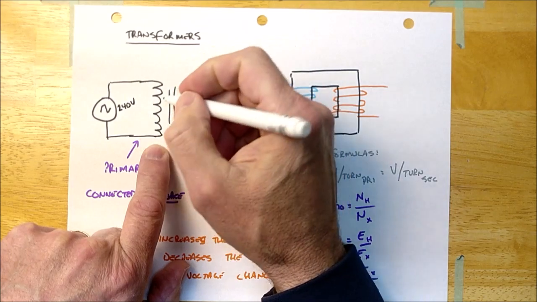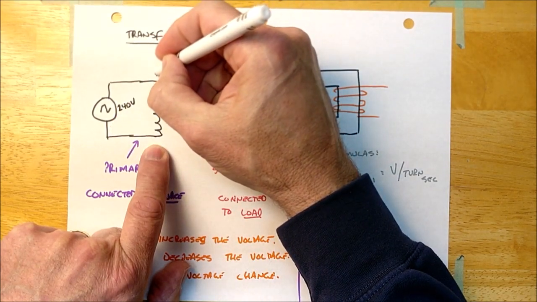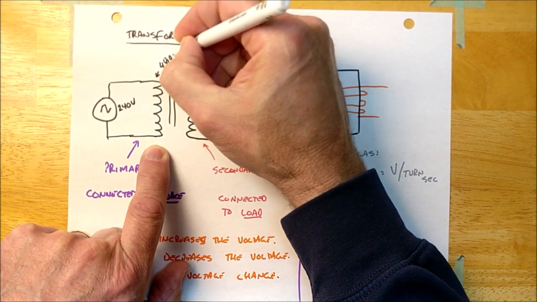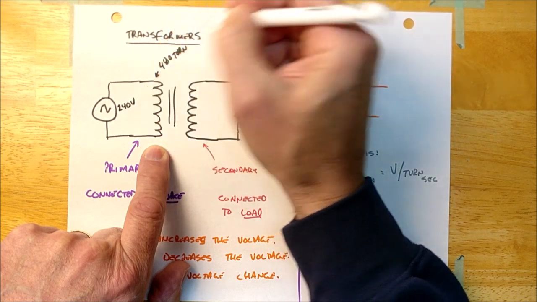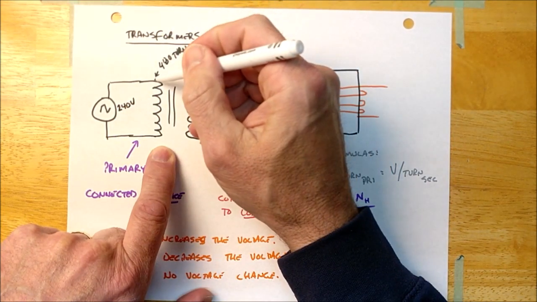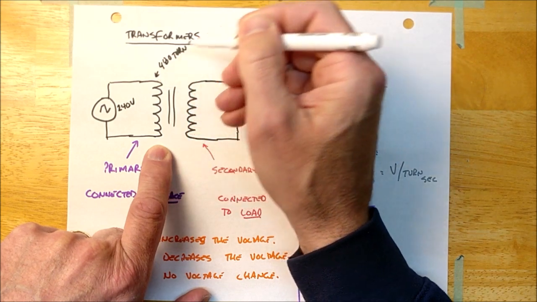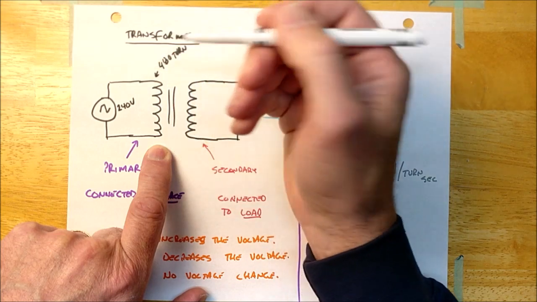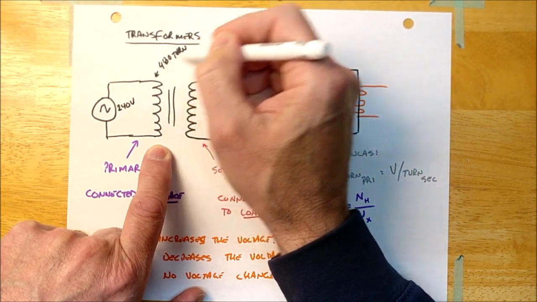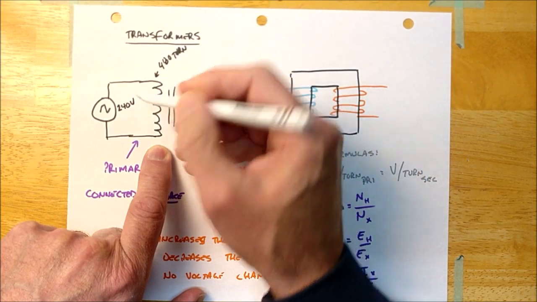So let's just say for fun that this is 240 volts, and this particular winding is 480 turns of wire. If it's 480 turns of wire and it's 240 volts, then the amount of voltage that's dropping on each turn is going to be a half a volt. All right? Because every one of these 480 turns is going to drop a half a volt here.